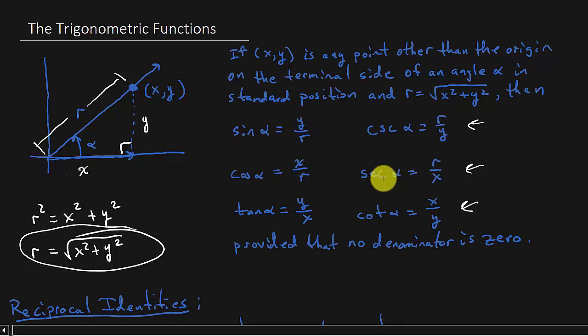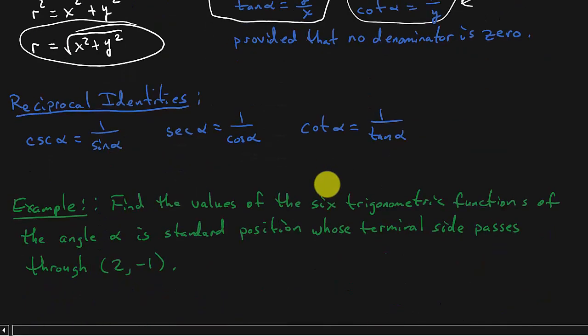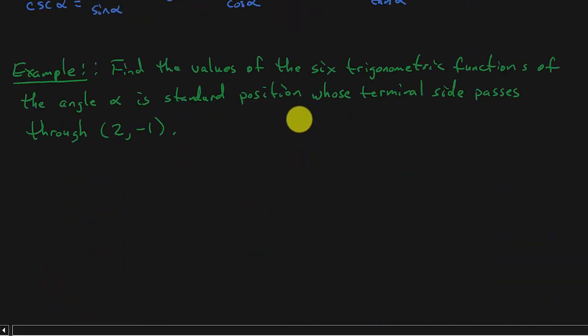Cosine and secant are reciprocals: cosine is x over r, the reciprocal, r over x. And same thing with tangent and cotangent. So all you really need to do is remember these first three, and then you can get the second three. All right, so we went over the reciprocal identities.